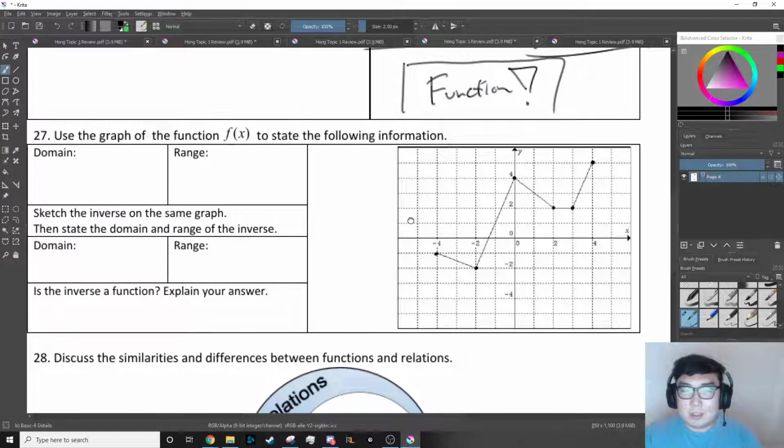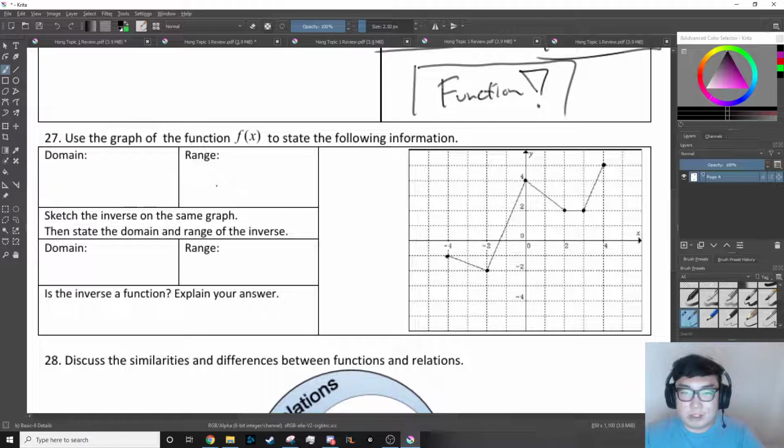Alright, so tell the domain and tell the range. We know that the graph, from left to right, has no holes between them, so I can write this in interval notation. Even if there were holes, I could write it in interval notation. Remember that when I write interval notation, it's a parenthesis or bracket, small and large, and close.